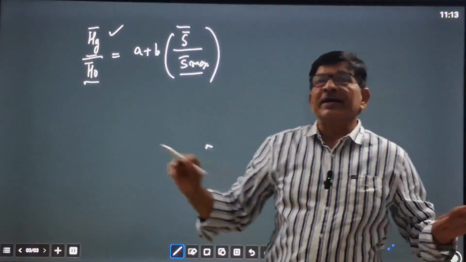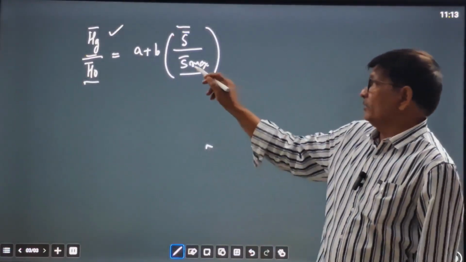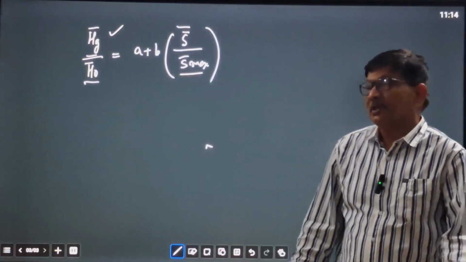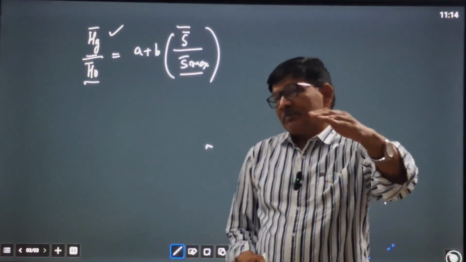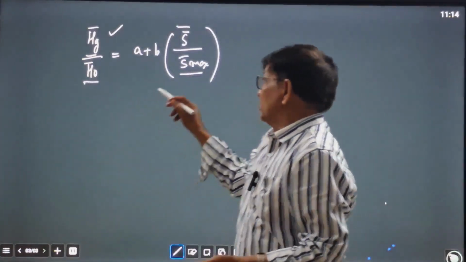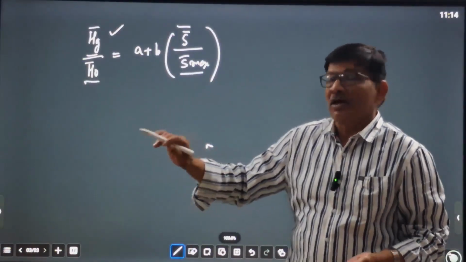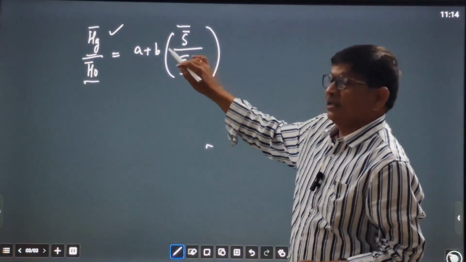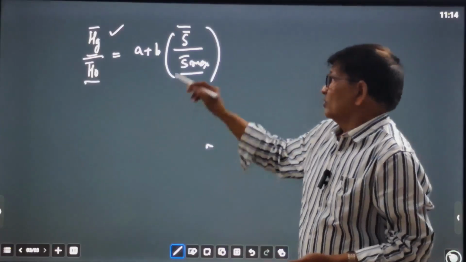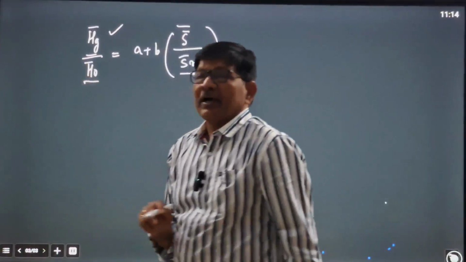That means when we assume there is no cloudy day, what is the maximum of the daily average? Monthly daily means for the whole 30 days we collect data and divide it by 30 or 31 days, then we get the daily average. But S is based on including cloud or rain or anything, so it will always be less than S maximum.